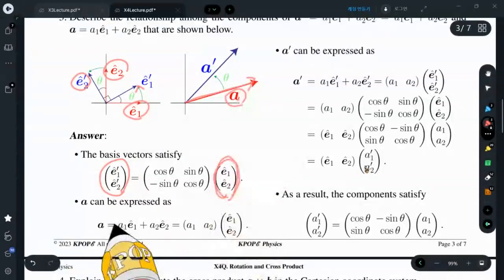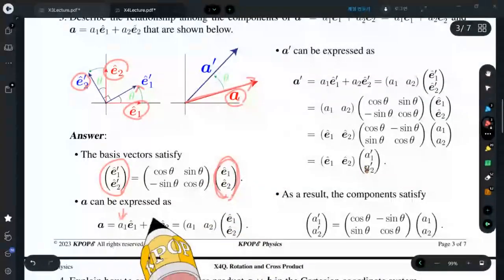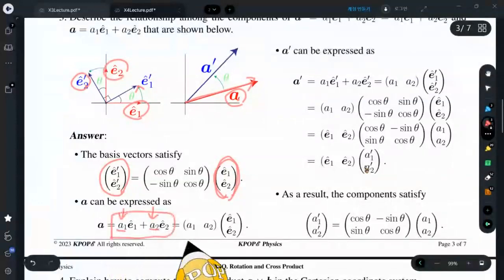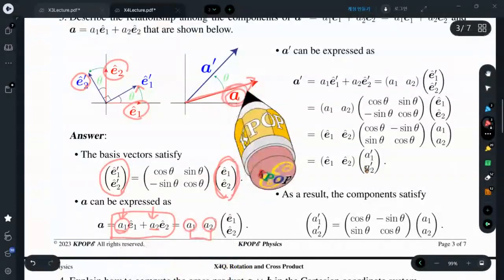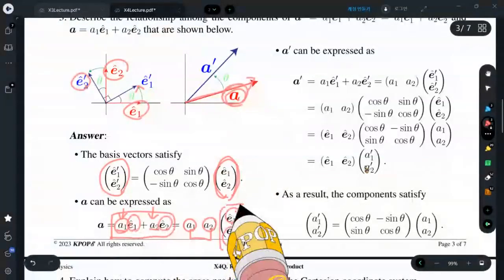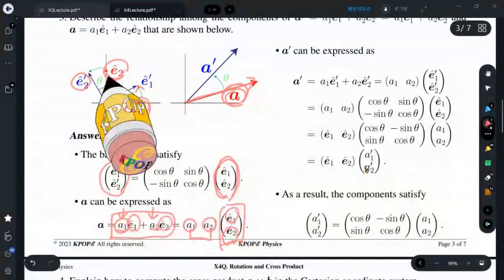What happens? The coefficients are the Cartesian components A1 and A2. Write it down in matrix product form, in the scalar product style. Copy the coefficients, that are the Cartesian components of the original vector. And why don't you stand up as a column, and then these are the unit basis vectors of the original coordinate system.